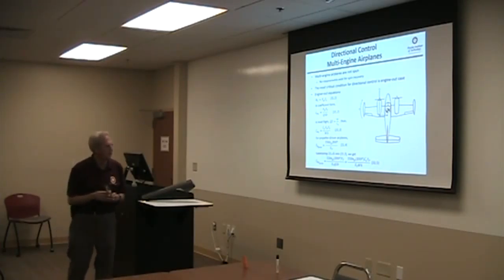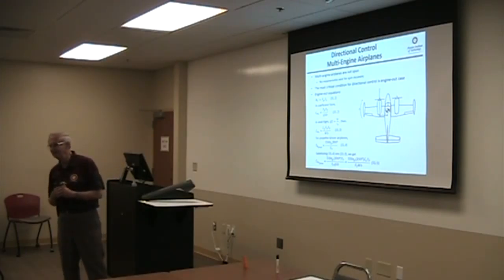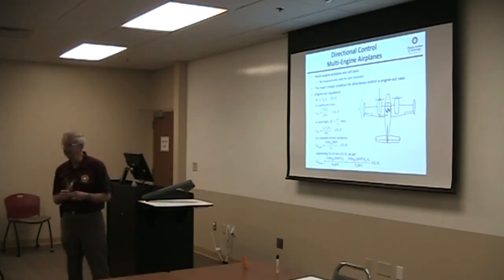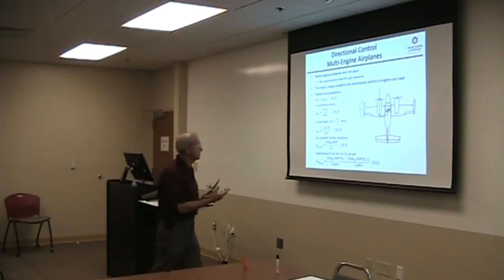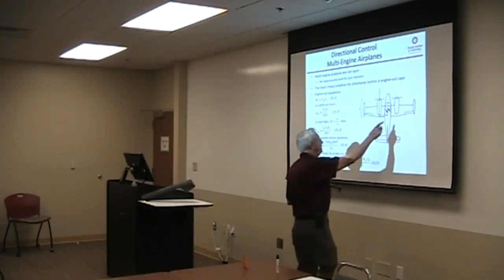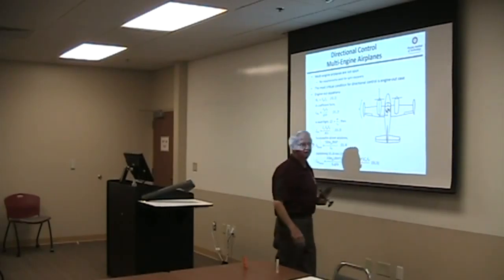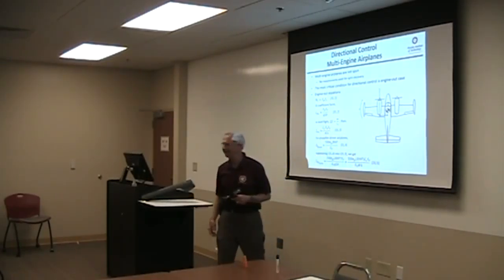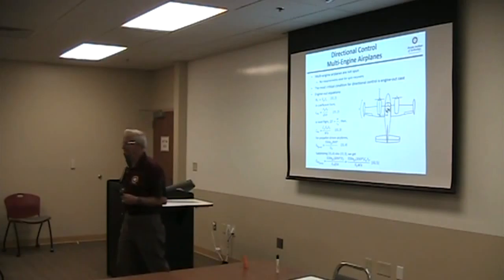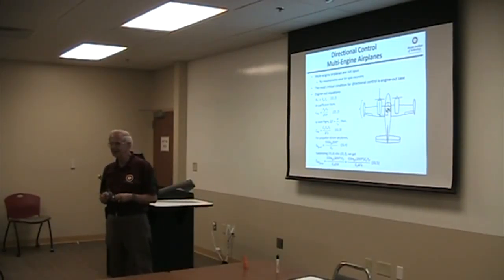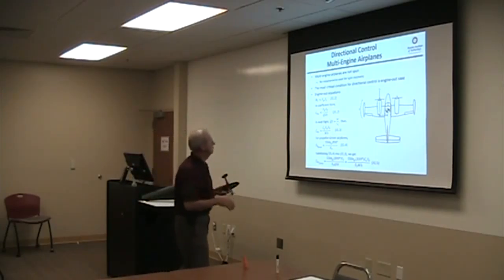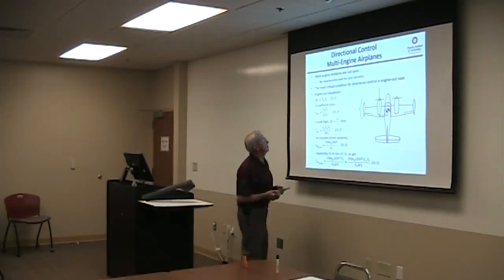And if they do, multi-engine airplanes aren't likely to recover because of the inertias. Here's an example of a multi-engine airplane. This one has wingtip fuel tanks, fuel in the wings, a lot of inertia along the wings. May not recover anyway. So they said, okay, multi-engine airplanes don't have to spin.